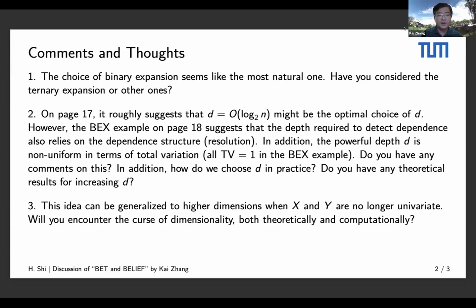For us, we choose binary for two reasons. First, binary is connected to computing. It's connected to 0 and 1, the bits, so it leads to fast computing. Second, there's an important orthogonality idea in this binary expansion filtration. If you remember the white and blue regions, they can be regarded as an orthogonal basis.